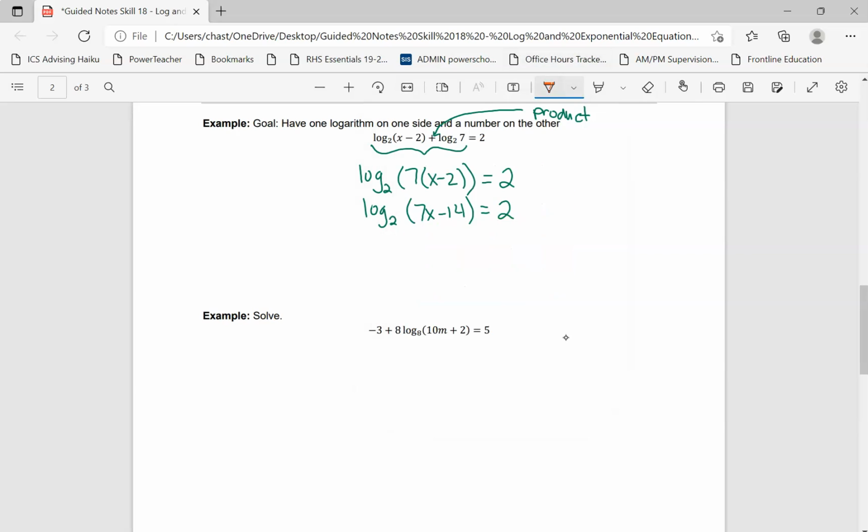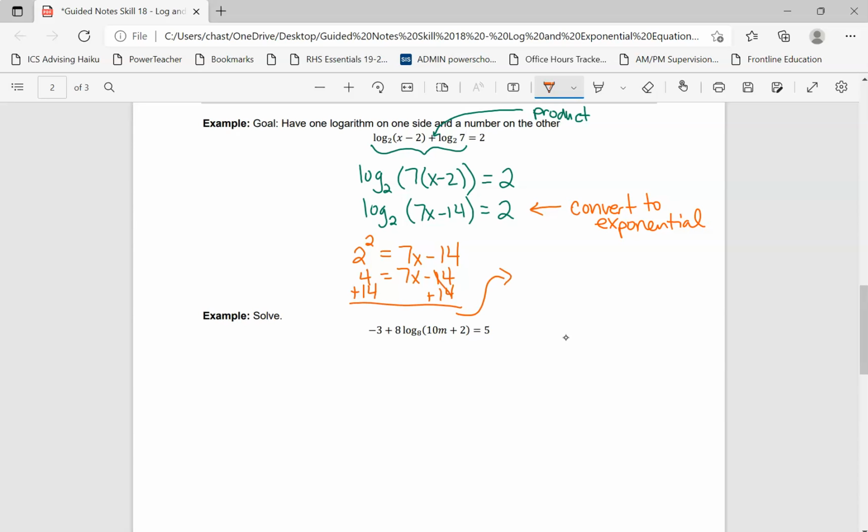Because we don't have a log on both sides, I can't just say 7x minus 14 equals 2. So what we do is we convert to exponential. And when we do this, we're going to do 2 squared equals 7x minus 14. So then we're going to add 14 to both sides.